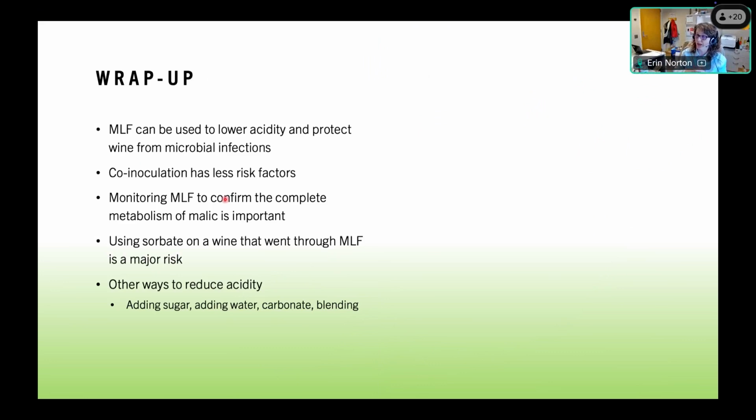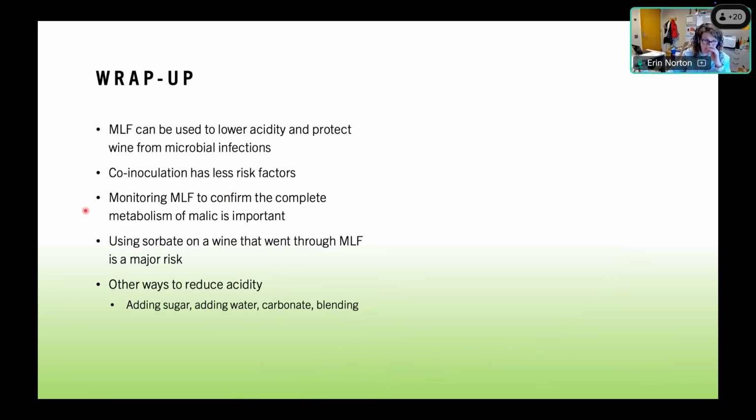You need to evaluate what is best for the style of wine that you're going for, what your comfort level is, what your experience is when you're using barrels and things like that. But it does have less risk factors with co-inoculation. I strongly recommend monitoring malolactic fermentation because as soon as it's finished, you really want to protect your wine with SO2.